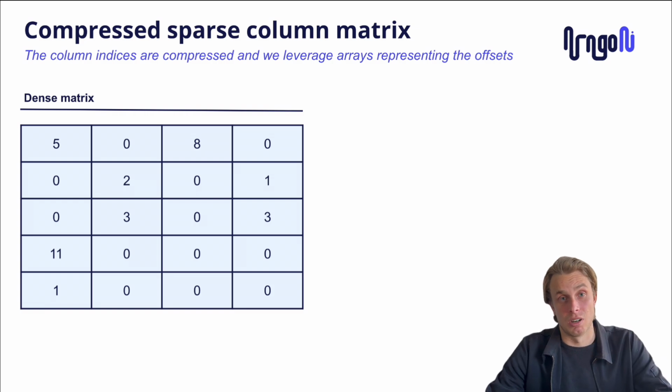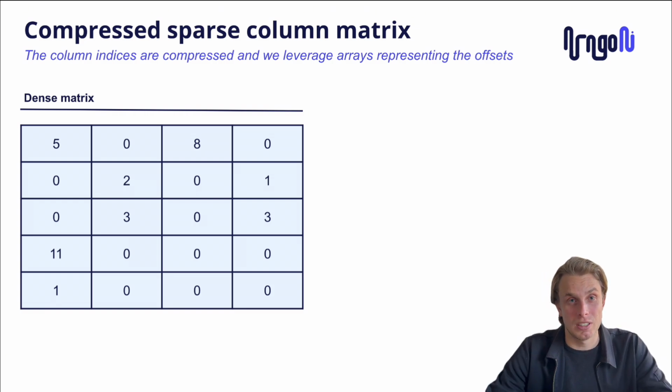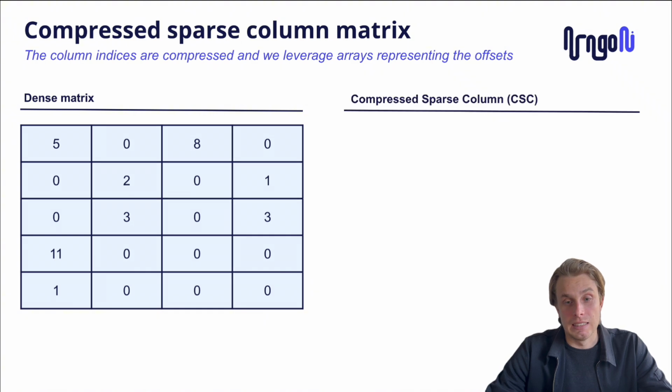So that motivates us to find a way to more efficiently store this and more efficiently perform operations over it. That leads us to the compressed sparse column format. This effectively is going to leverage 3 arrays. We have a data array, an indice array, and a pointer array. These combined provide us a way to both store the dense matrix in a more compressed format, as well as perform operations, in this case over columns, extremely efficiently.